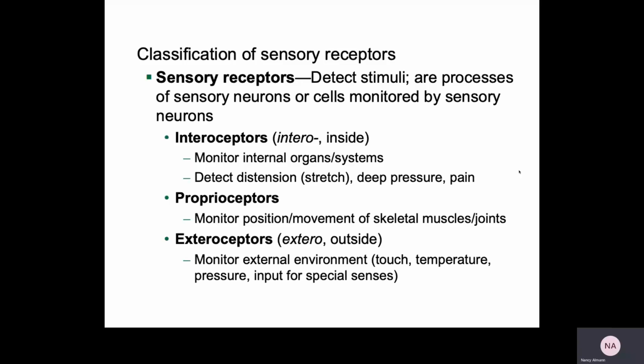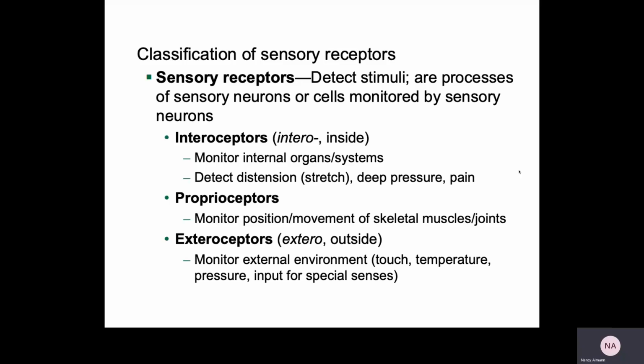You know where your limbs and your torso are. You can lose that ability. If you have a disease like Huntington's, you start to lose your ability to detect proprioceptive information. So this is actually very important.